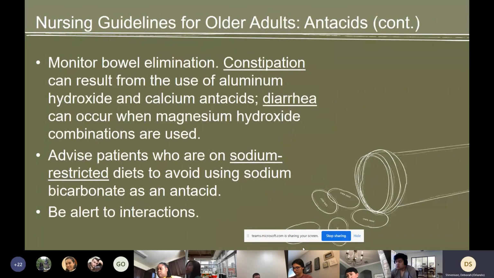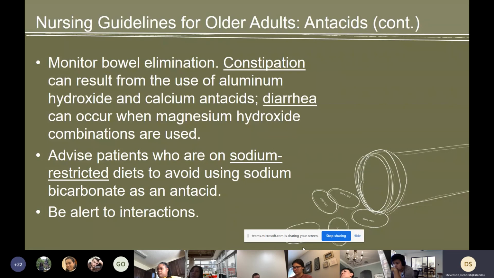There are some problems with antacids. If they use aluminum hydroxide or calcium antacids such as Tums, it can cause constipation. Diarrhea can come from magnesium hydroxide. And of course, they can have both of those. If they take a lot of antacids, they can have some real serious issues between constipation and diarrhea.